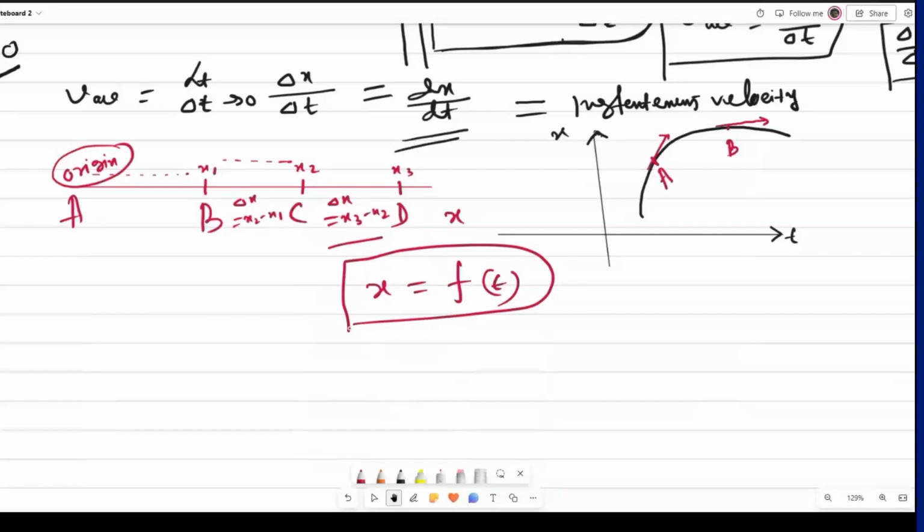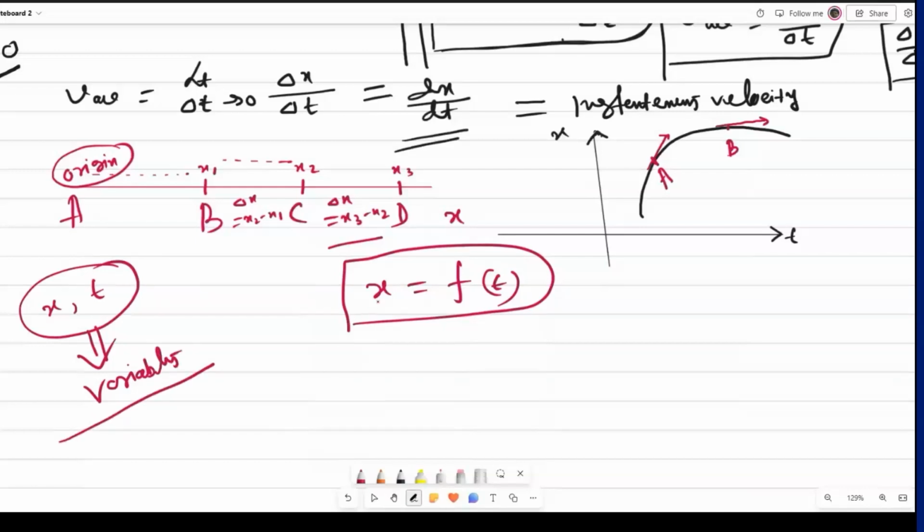You might have done it before, but this is the concept of a function. There are two variables, x and t, and they are called variables.